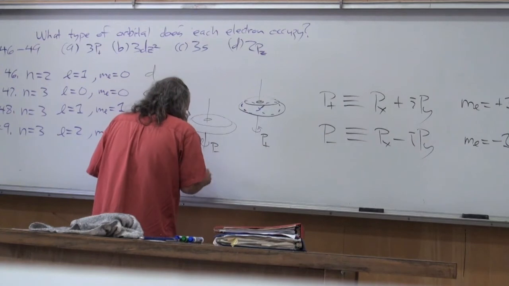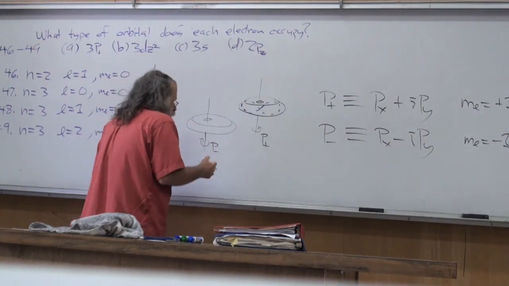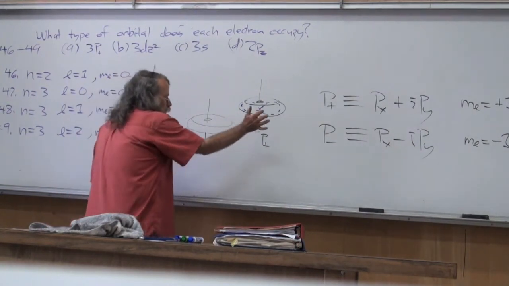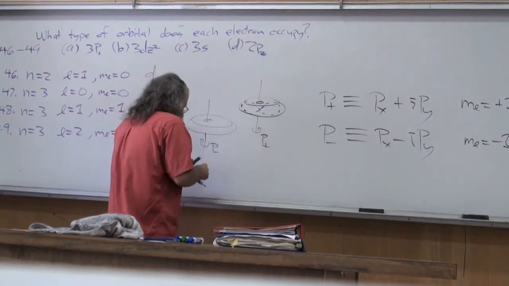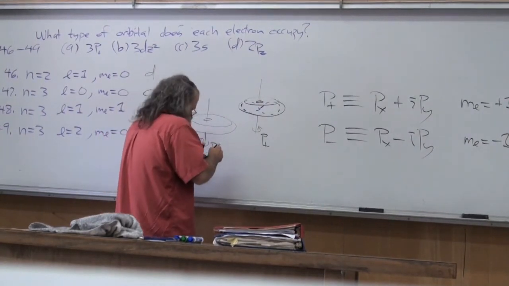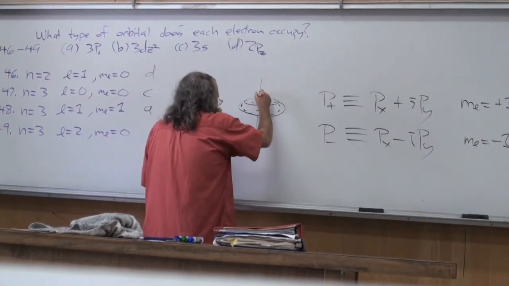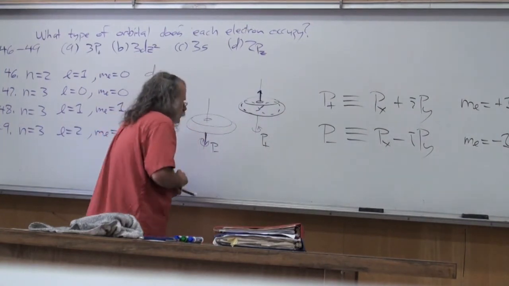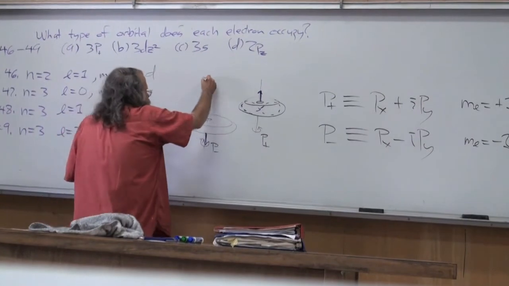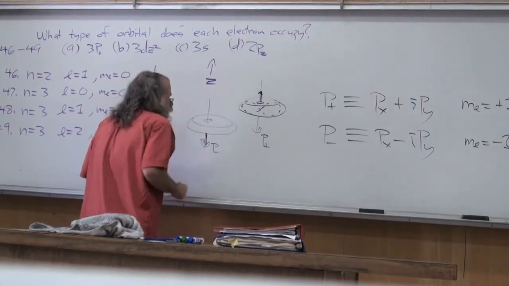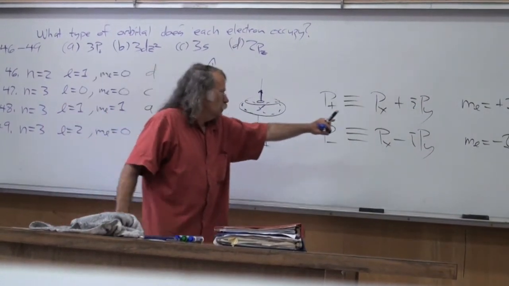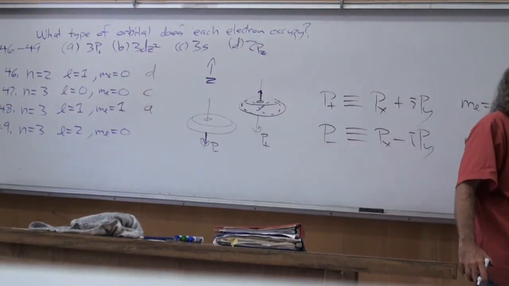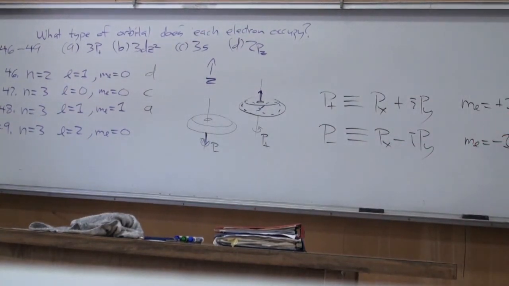This one rotating this way has a component of angular momentum that goes in this direction, and this one has angular momentum going in the opposite direction. And this is the z direction here. So it's the z component of orbital angular momentum. This is plus 1, this is minus 1. So that explains those quantum numbers.